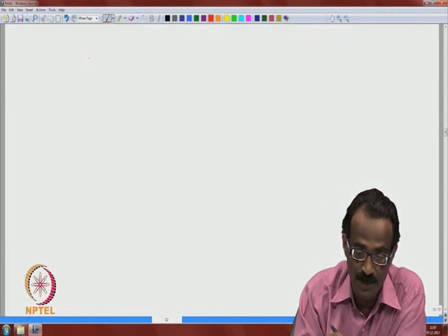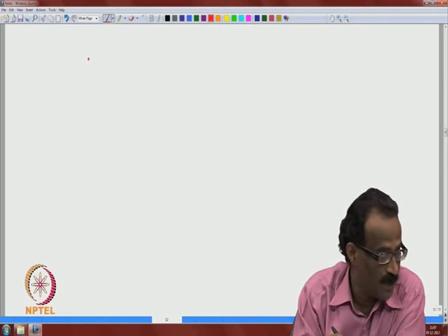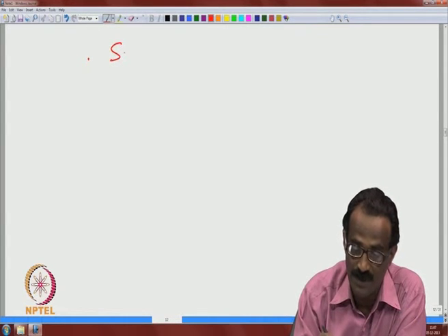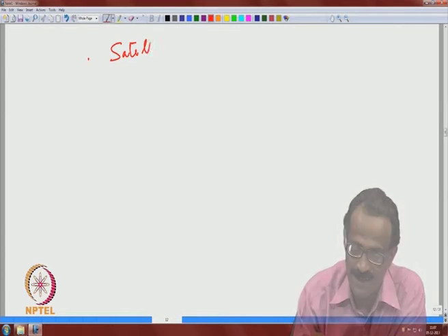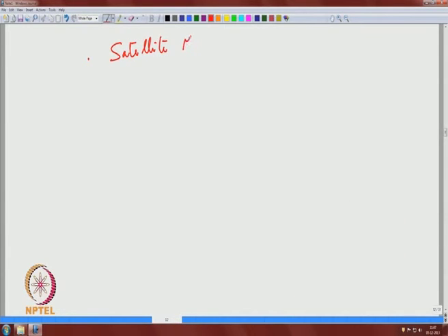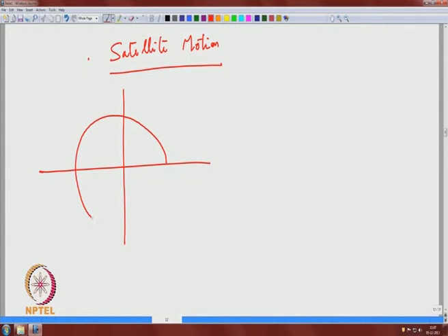For example, some nice models, if we get time: satellite motion is so important, right? Examples from satellite motion. Typically you have a satellite at a position P with xy as the coordinate system, and it has thrusting capacity.